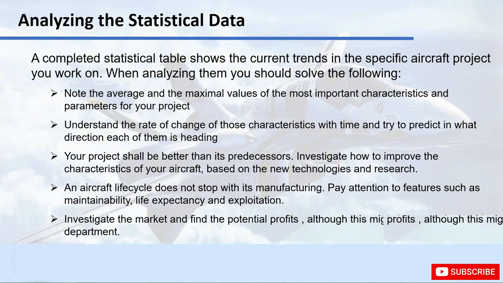We need to pay attention to the maintainability of the aircraft. So this means how to position its components to make it easier for the aeronautical staff to maintain it. What is going to be its life expectancy? And then once we know this, we can pass this information to the accounting team and they can estimate the potential profits of our project.